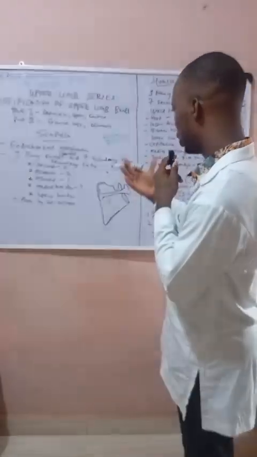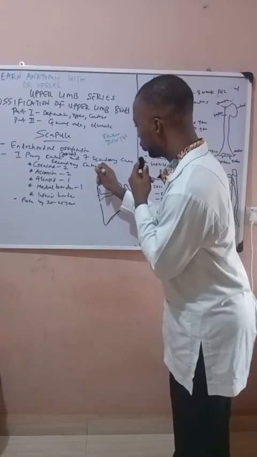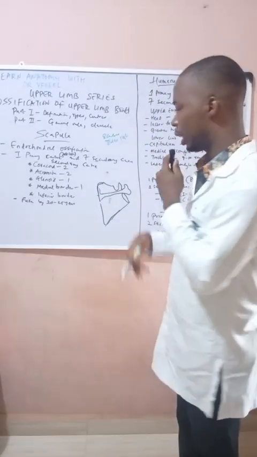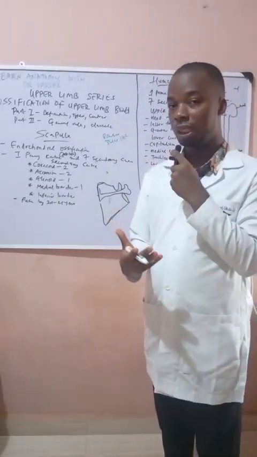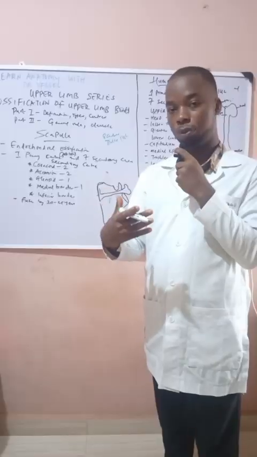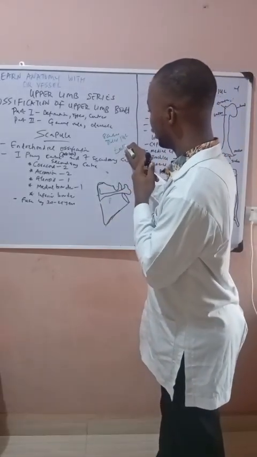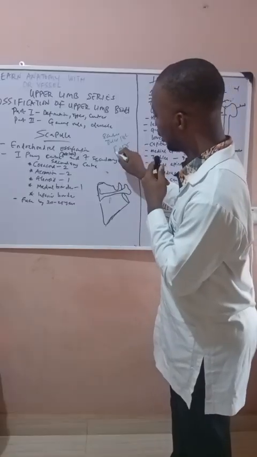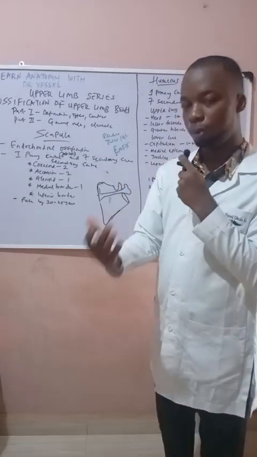Remember, when I was discussing the secondary center, I told you that the first 2 letters of secondary can help us remember that the secondary center forms the epiphysis, and the epiphysis is usually at the ends of the bone. In one of our videos, we used the mnemonic ENDS: the E in epiphysis helps us know that the epiphysis is at the ends of the bone.